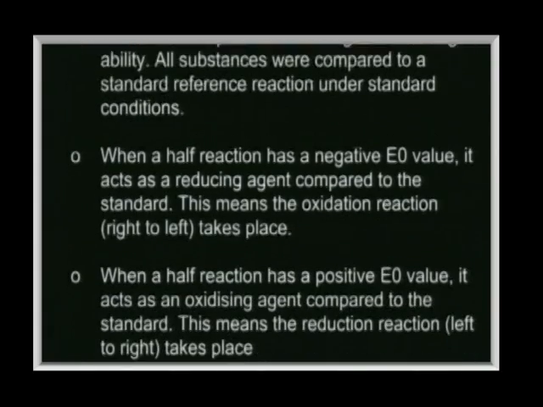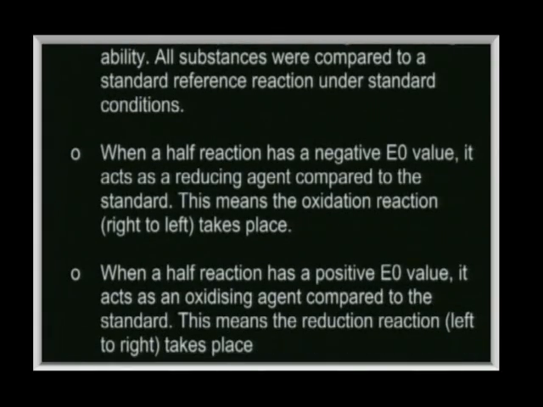Now, the standard table gives us an overview of half reactions that we are going to work with. As I said, for the purpose of this example, we're going to work with Table 4B. Table 4B starts off with lithium at the top and is going to end with fluorine at the bottom. Your half reactions are arranged in such a manner that the half reaction with the highest reduction ability is ranked at the top, and the one with the highest oxidation ability is ranked at the bottom.